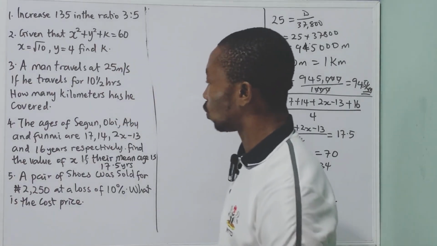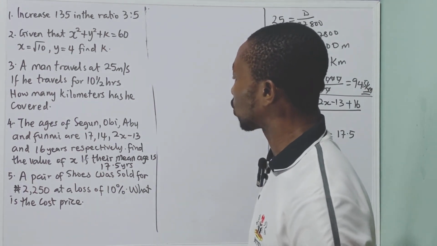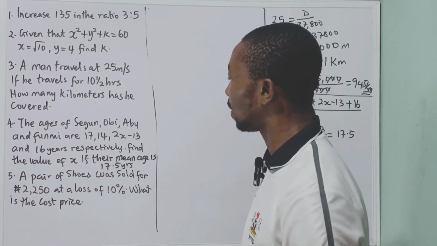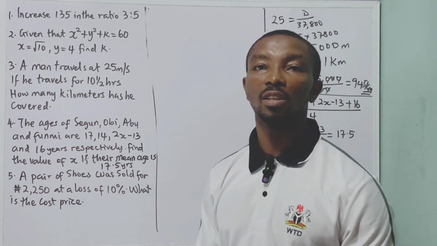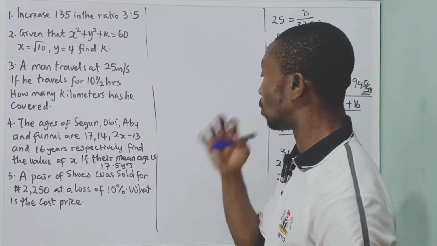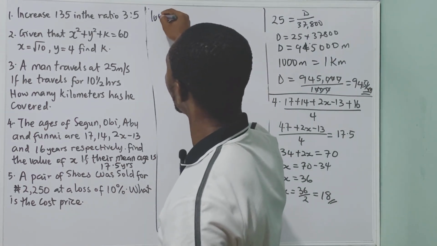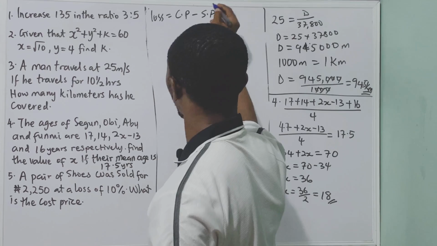Okay, so our last question, it says a pair of shoes was sold for 2,250 at a loss of 10%. What is the cost price? Okay, now we know it's a loss, and loss is cost price minus selling price.